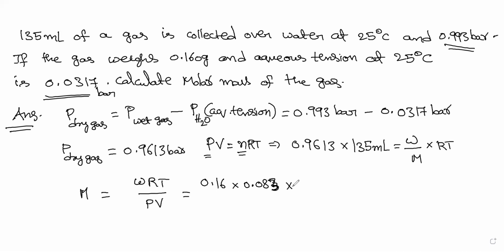And the temperature, 25 °C, is 298 Kelvin. Whole divided by pressure 0.9613 into 135 ml, which we have to convert into liters, 10 power minus 3 liters.